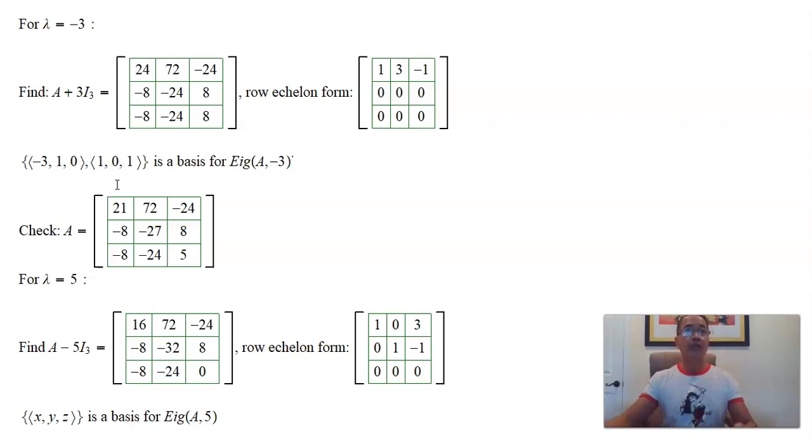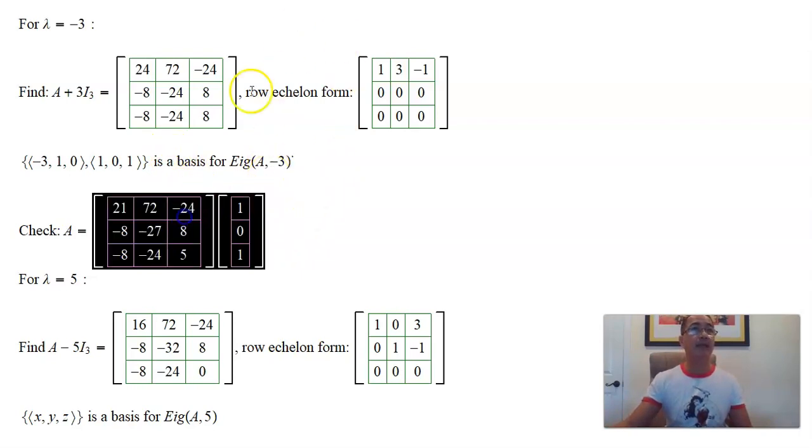Okay, check. So we have to make sure that when we multiply these vectors to the original matrix, we will get -3 times that vector. Okay, you know what? I see a 1, 0, 0 here. So let's test the second vector first. 1, 0, 1. Okay, we should get -3, 0, -3.